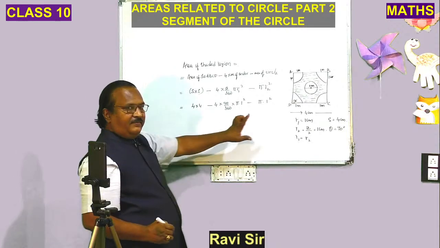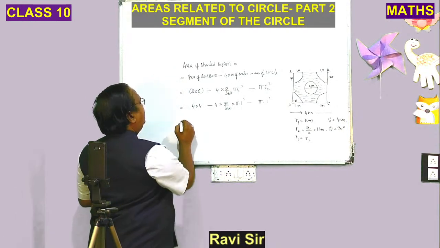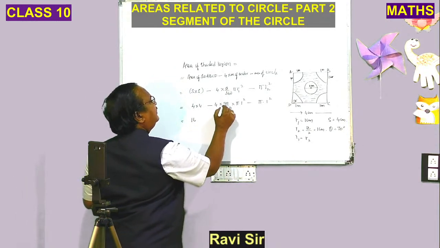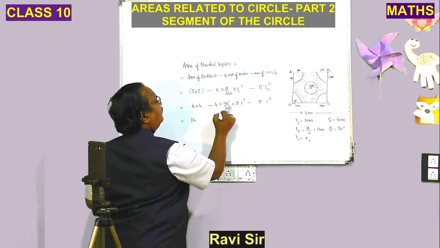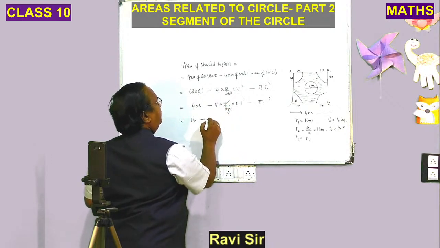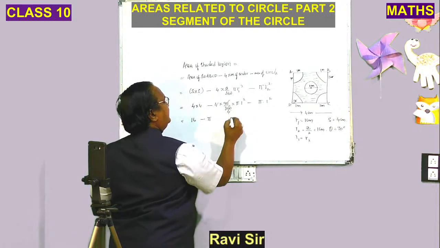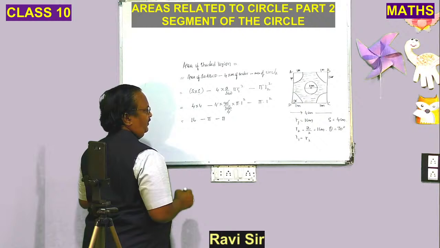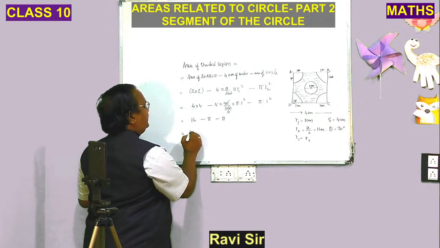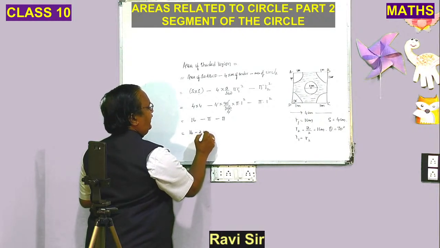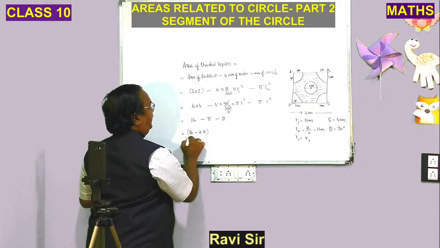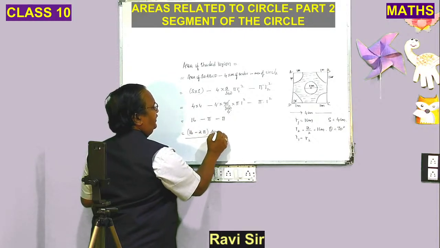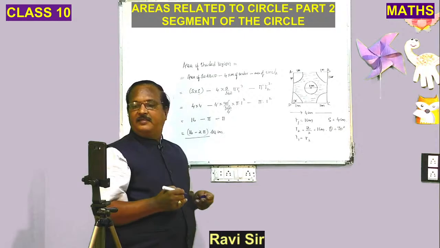I have substituted the values. So, this is 16, 4 cancel, minus pi, 1 square is 1 only, minus pi. Okay. So, then how much? 16 minus 2 pi is the answer, square centimeters.